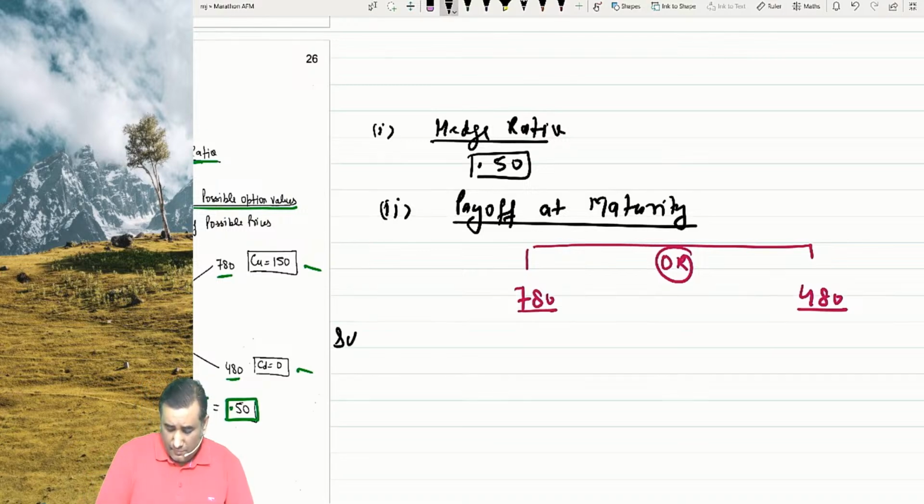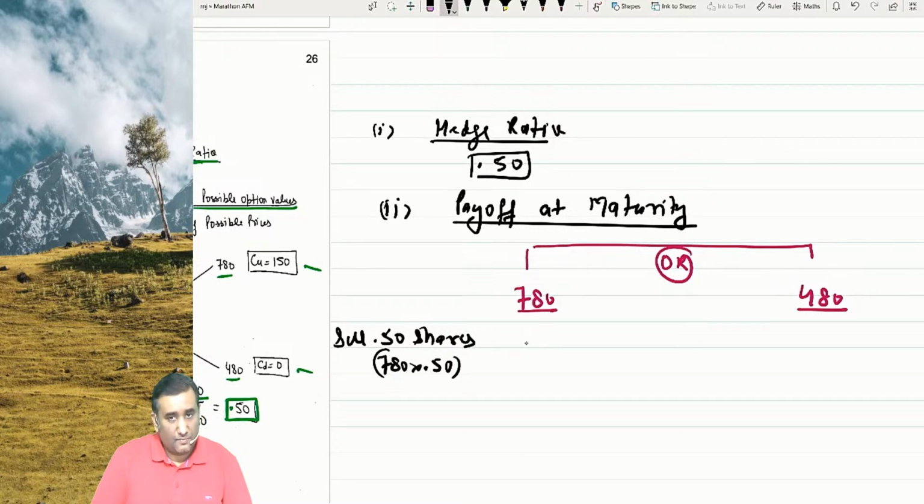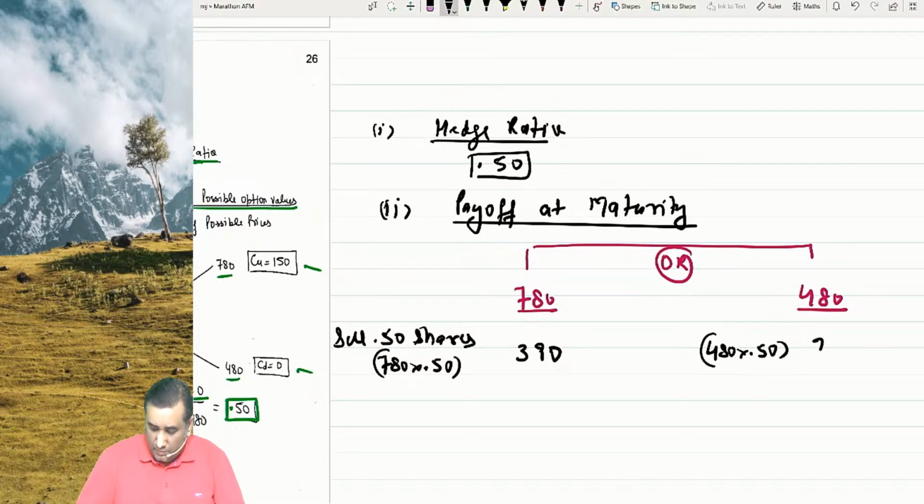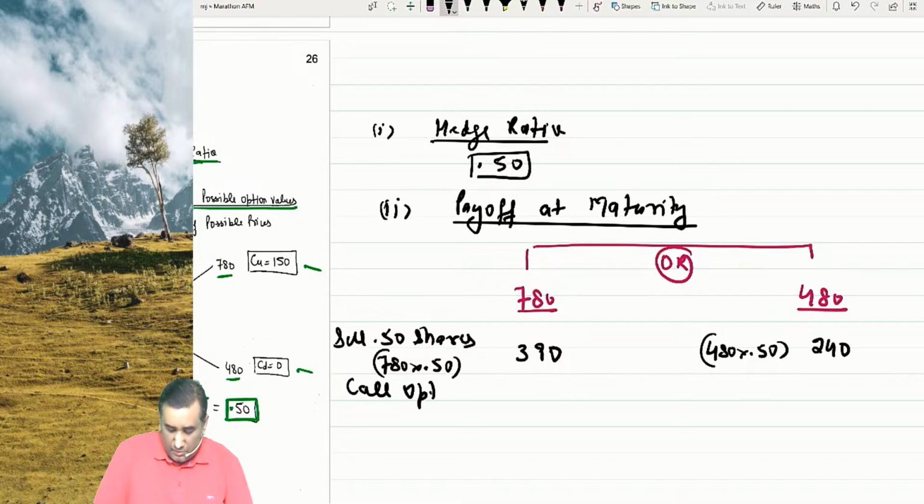Sell 0.5 at the rate 780. When you sell, you'll get how much value? 390. And if the price becomes 480, then you will get 480 into 0.5, how much value? 240. Now, the call option would be exercised.